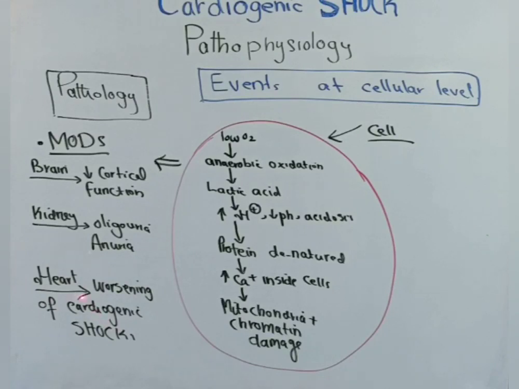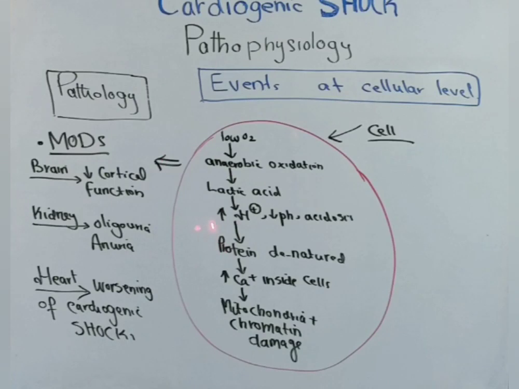And in the case of another vital organ, which is part of the MODS phenomenon, if the heart is involved, there will be worsening of the cardiogenic shock. Why? When there is decreased blood supply to the muscle of the heart, there will be damage to the myocardium and the stroke volume will decrease. So the heart will try to compensate by increasing its heart rate. That causes tachycardia.